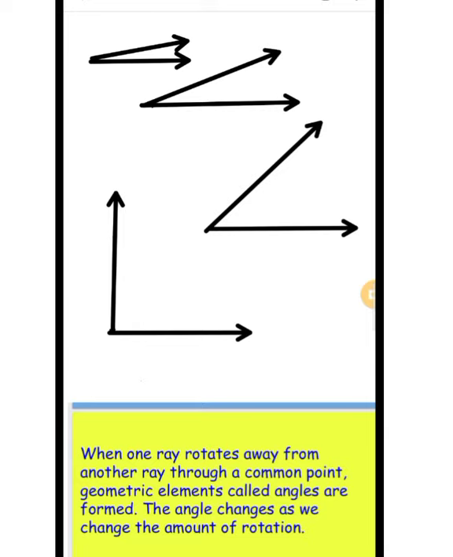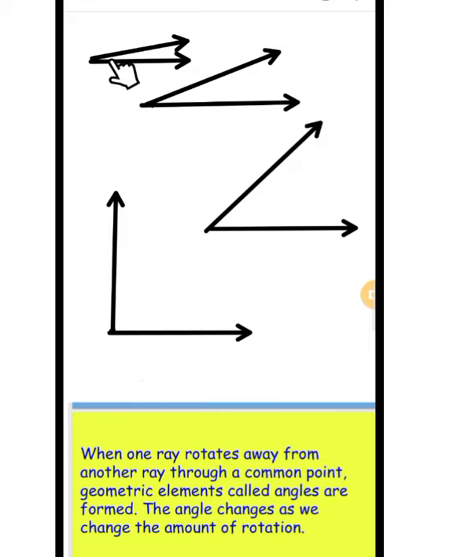Yes, children. When one ray rotates away from another ray through a common point, geometric elements called angles are formed. The angle changes as we change the amount of rotation. See this picture, these two rays.